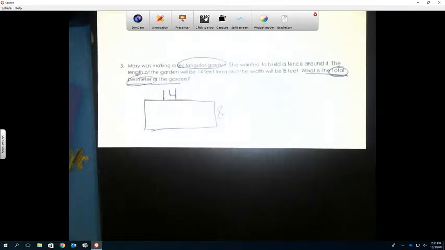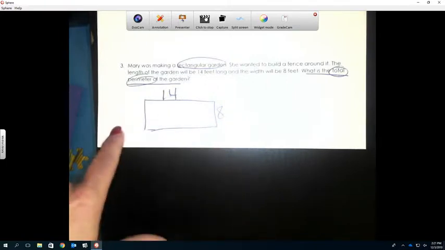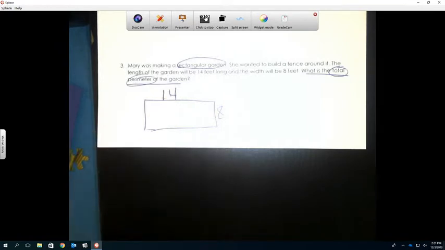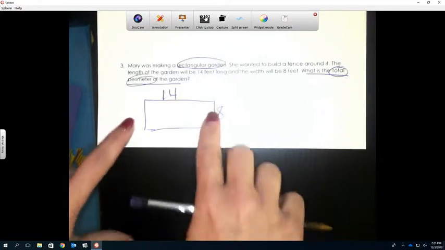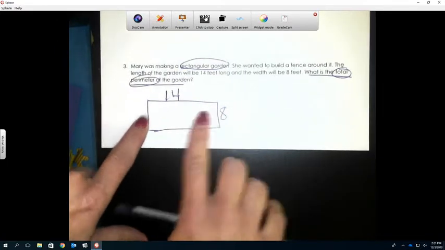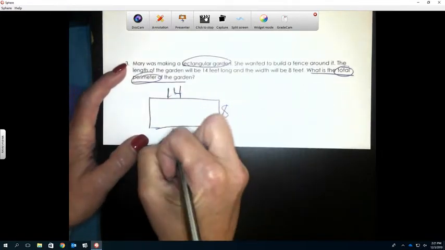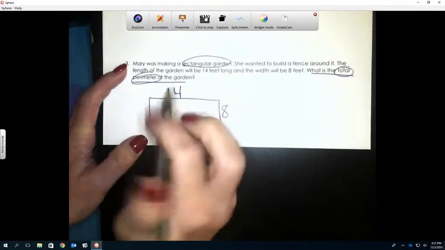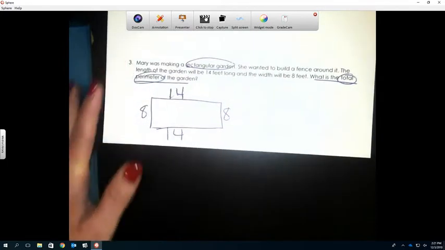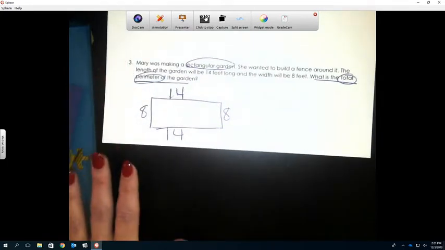What do I know about rectangles? What do I know about the sides of rectangles? They're not, like, 2 of them are unequal with the other 2. So the opposite sides are equal. That's what you're trying to say, right? So if this is 14, I know this one is. If this is 8, I know this side is 8. So now I can add up all 4 sides.